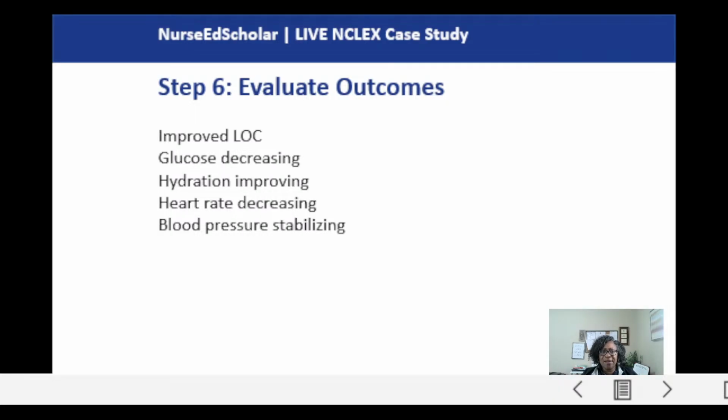Their glucose, like we said, is going to start reducing. It's not going to go from 700 to 100 quickly, and you definitely don't want to do that to your patient. But you're going to start seeing it gradually go down. The patient is going to improve. And like I said, you're going to see improved hydration based on your vital signs. That's why vital signs are so important.